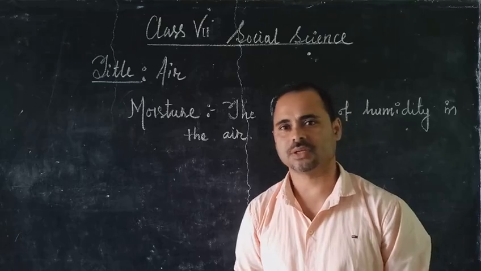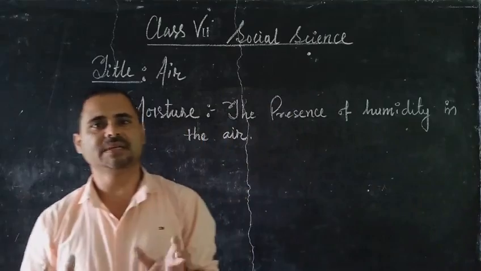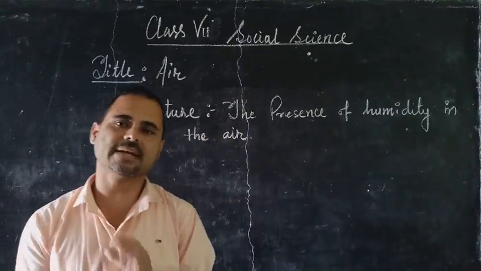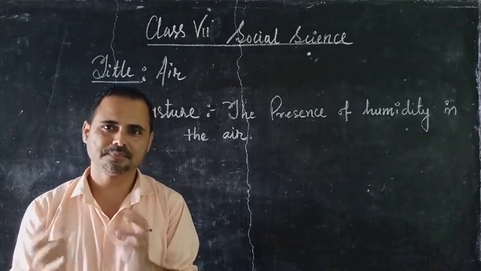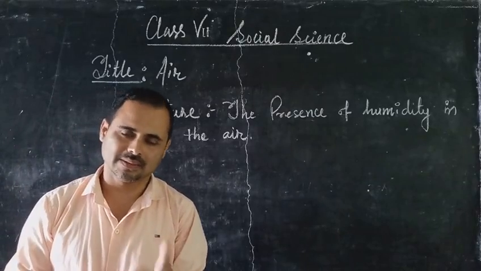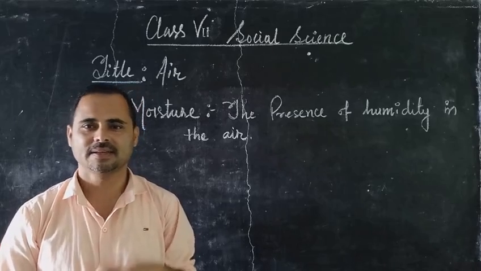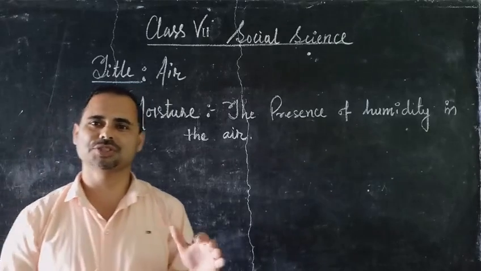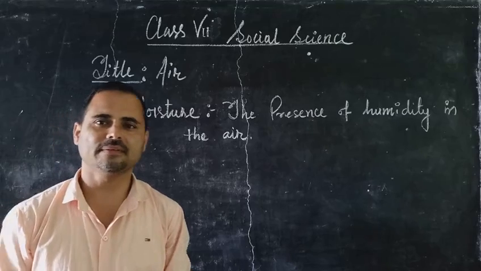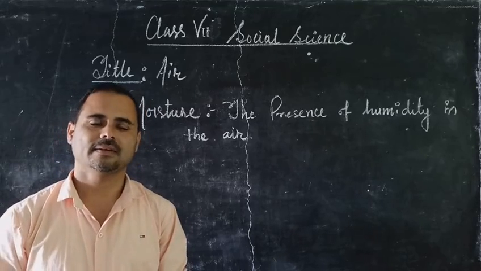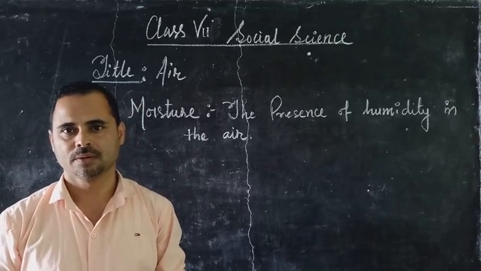When sun rays are falling on the earth, the presence of humidity makes the amount of insolation quite less. The amount of insolation decreases if the presence of moisture is there. It means it moderates the sun heat and makes that place quite pleasant in nature.